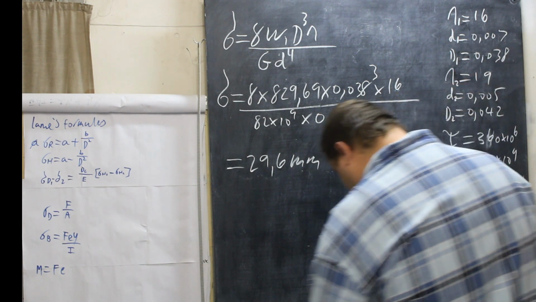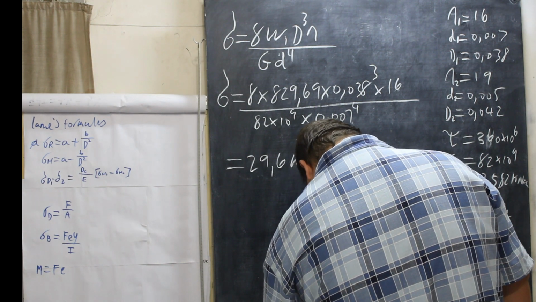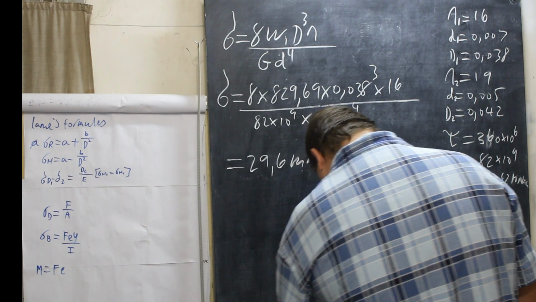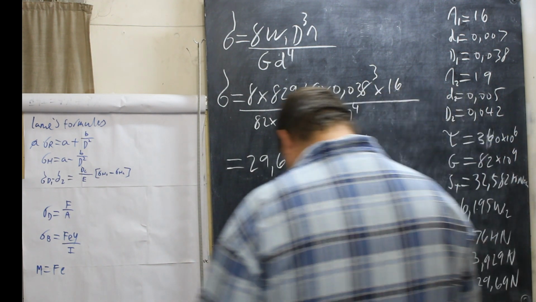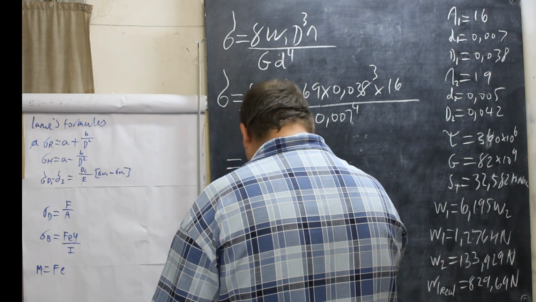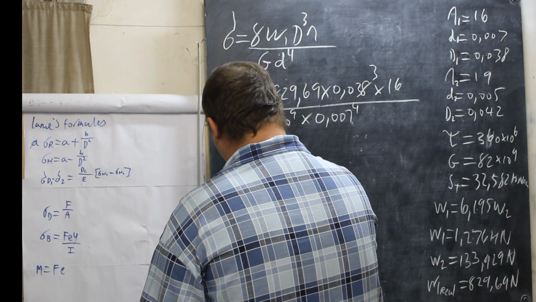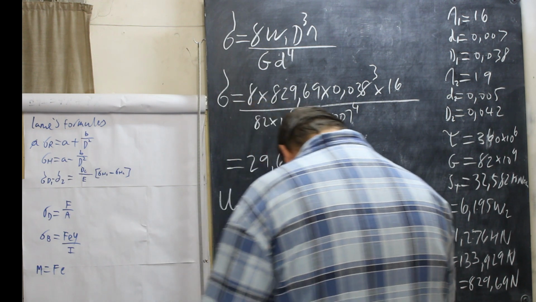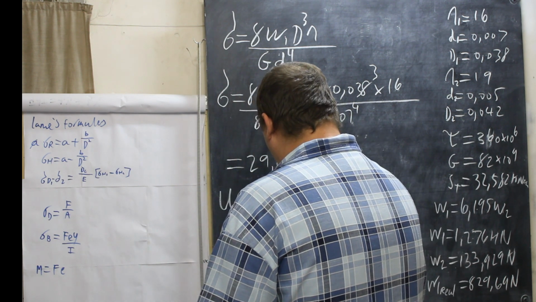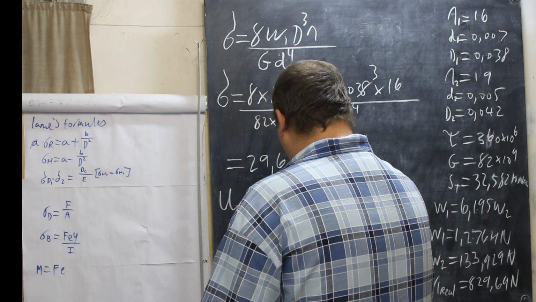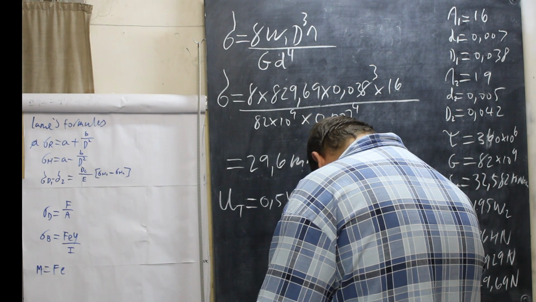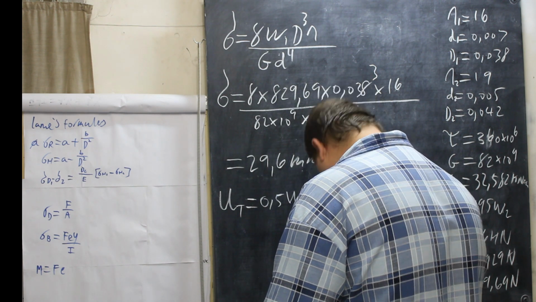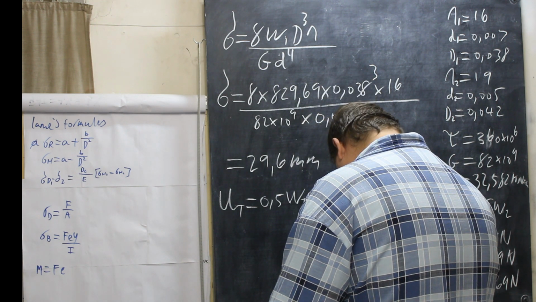So deflection now is important because we will need it. Okay. Now they want the total strain energy in the springs. So UT equals 0,5 WT, sorry.